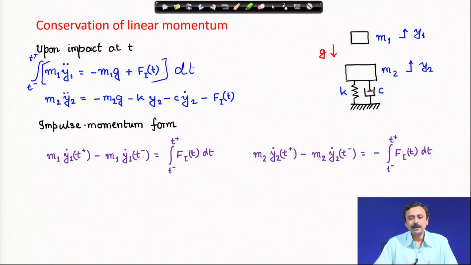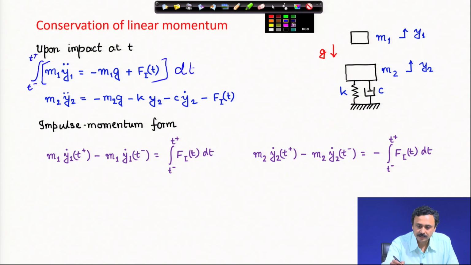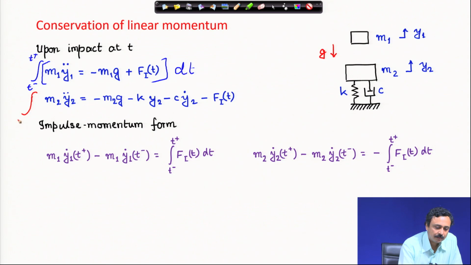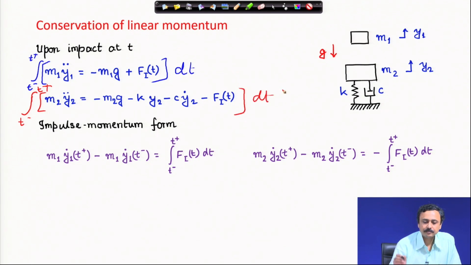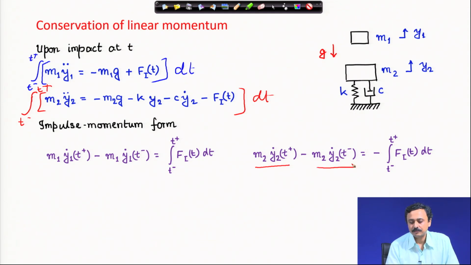Similarly, if I do the same thing for the second equation, integrating from t minus to t plus, I obtain on the left hand side m2 velocity at t plus minus m2 velocity at t minus.